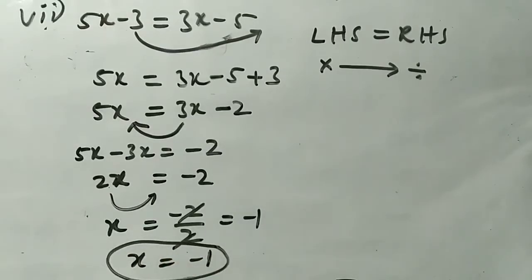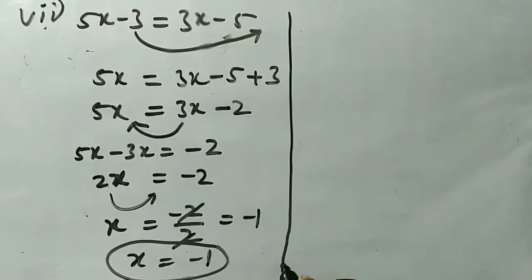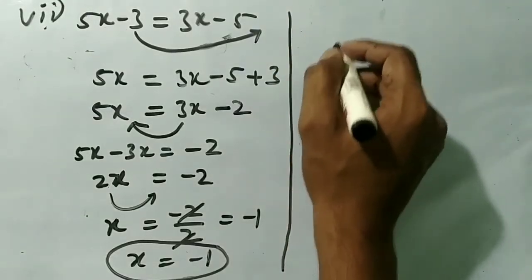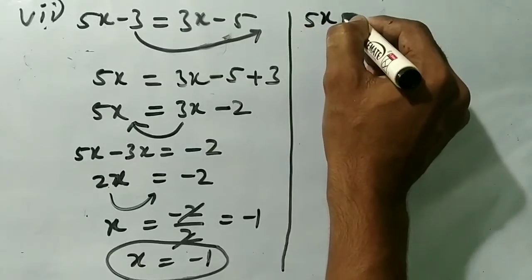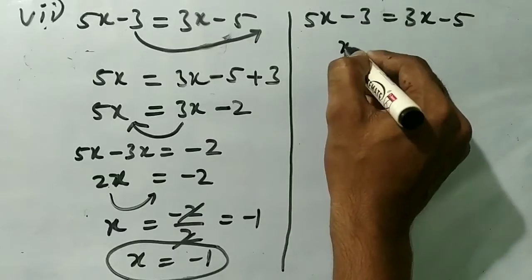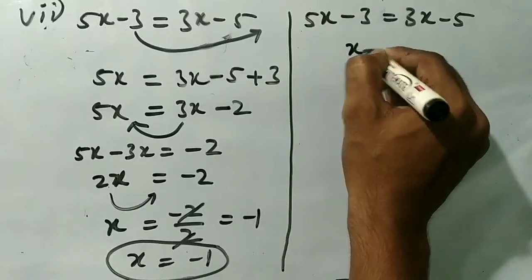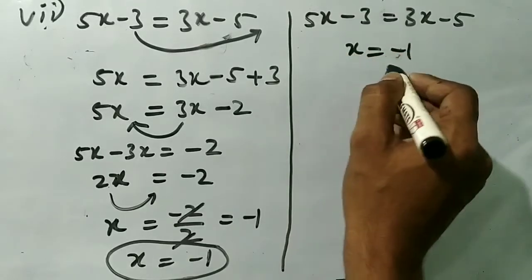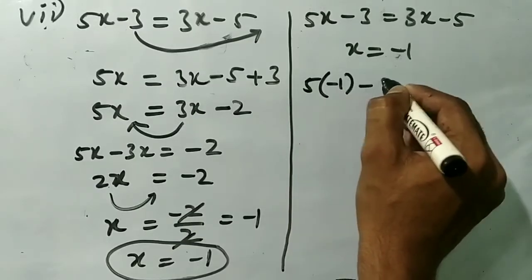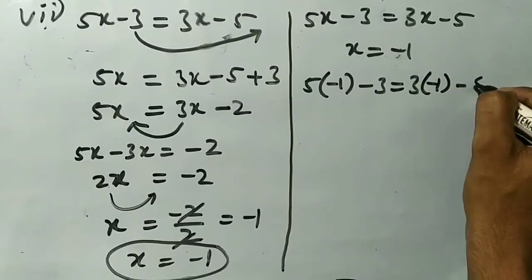Again we have to check whether the result is correct or not. Here is the checking process. Write the question again: 5x minus 3 is equal to 3x minus 5. Substitute minus 1 where the x is. So 5 into minus 1 minus 3 is equal to 3 into minus 1 minus 5.